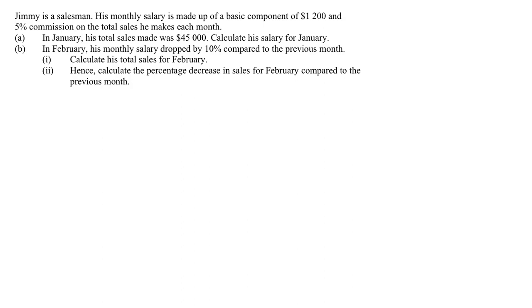And so for part A, I would then need to find the 5% commission for January. Commission for January will then be equals to 5%, 5 over 100, times the sales he has made in January, which is $45,000.